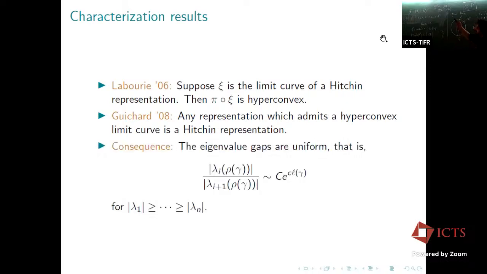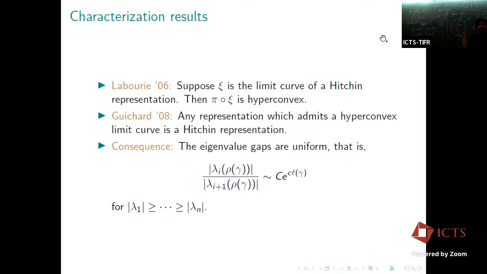And also the consequence of such results is that you roughly have uniform eigenvalue gaps, which essentially means that if you take the ratio of the modulus of the ith eigenvalue and the modulus of the (i+1)th eigenvalue, where the eigenvalues have been ordered in this way, then it roughly increases in terms of gamma.